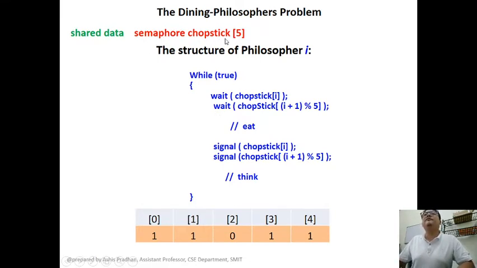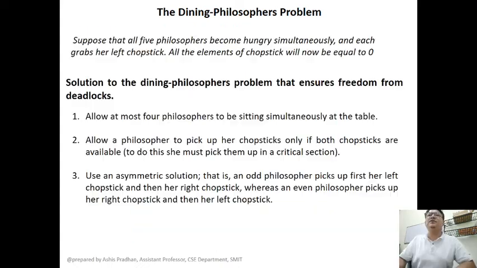You can use the semaphore chopstick to pick up the chopstick and eat. These are examples of the structure of philosopher I, with the help of which it can pick up the chopstick and perform the eating operation in a mutually exclusive fashion. So this is all about the structure.